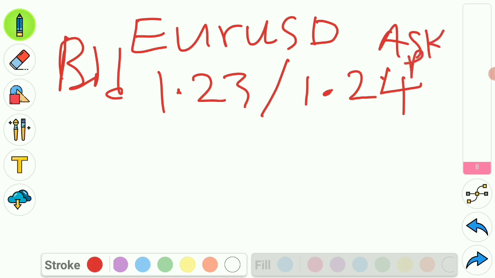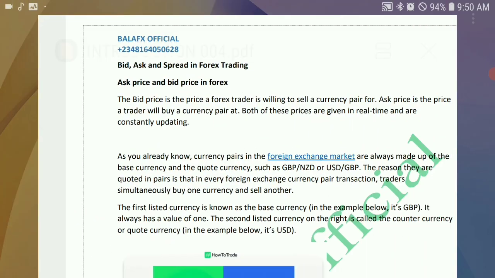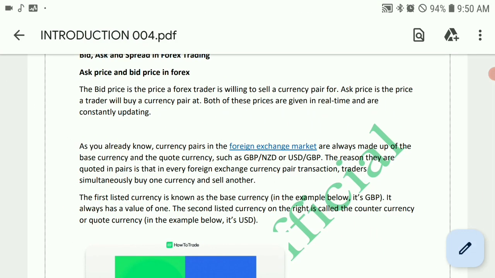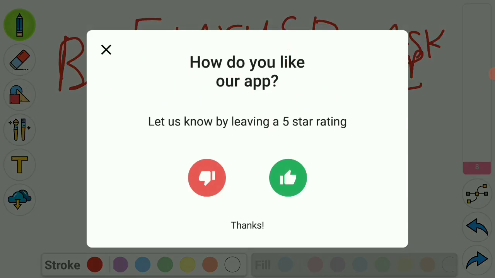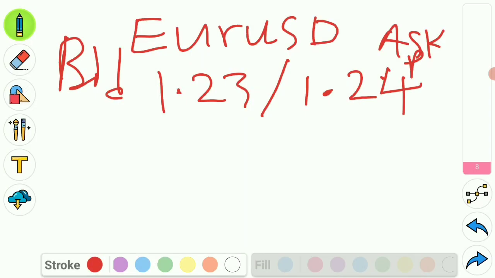So what do I mean by the bid price? It is the price a trader is willing to sell a currency pair. We can also call this the selling price: here is the amount you are willing to sell, and here is the amount you are willing to buy.